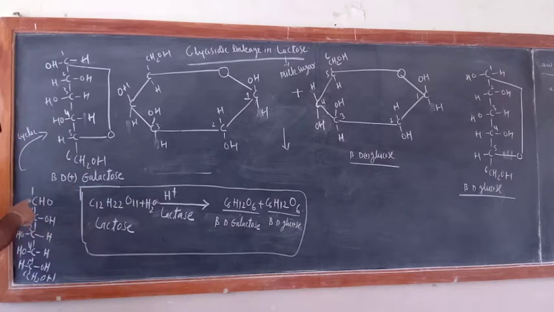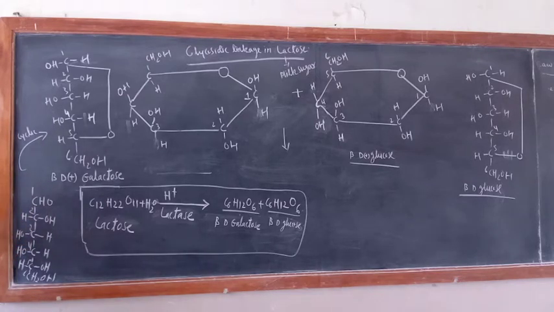Just see, carbon atoms 1, 2, 3, 4, 5, 6. Now just try to understand. In glucose, at the third carbon, OH is this side, H is this side. In galactose, the same configuration would be at carbon number 4 also, just like the 3 carbon atom configuration.